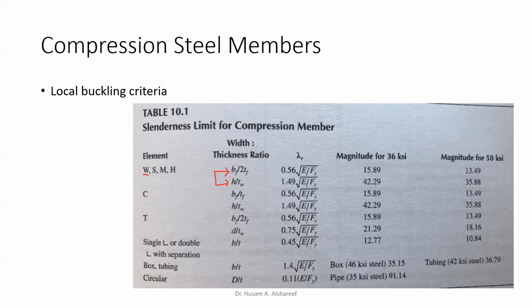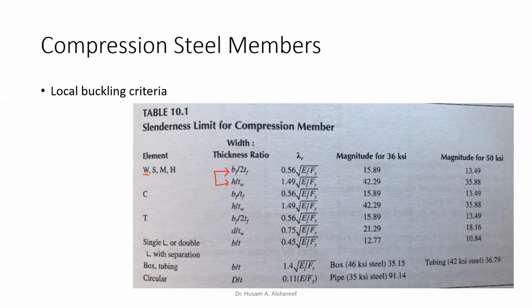One is the flange, the effective width of the flange over two times the thickness of the flange, and its equation here is 0.56 times the radical of the modulus of elasticity over Fy.